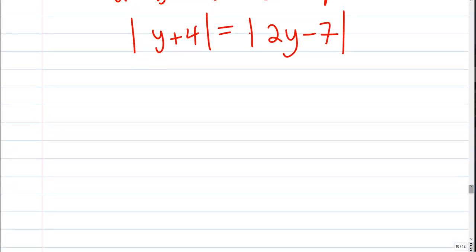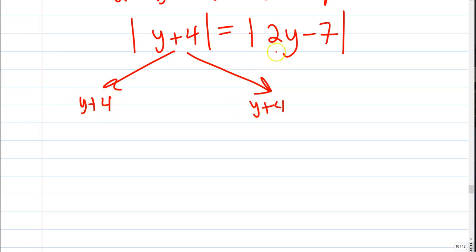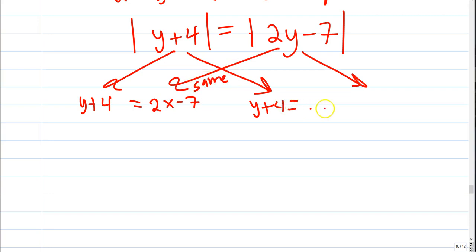For instance, how do I handle this? Well, the first one splits, y plus 4. The second one splits, 2x minus 7. One side stays the same. And not 2y plus 7.